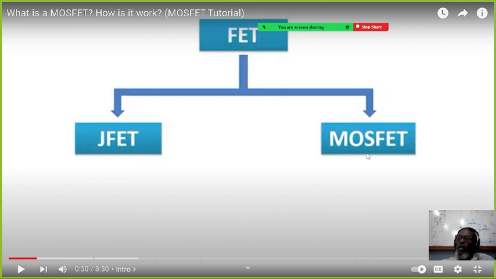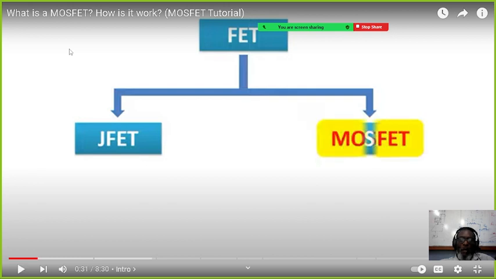You have depletion and you also have the E type, the enhancement. Enhancement type, yeah. Right. And they can be both N channel and P channel.